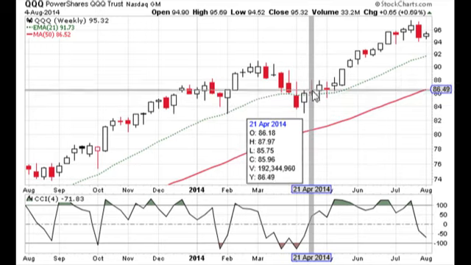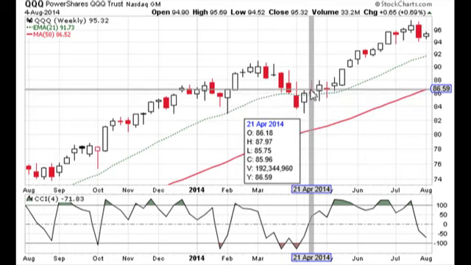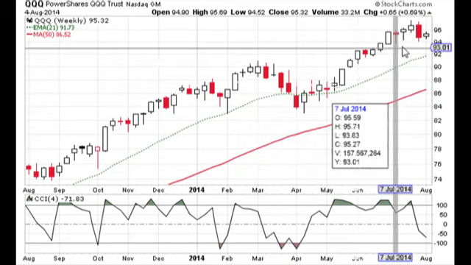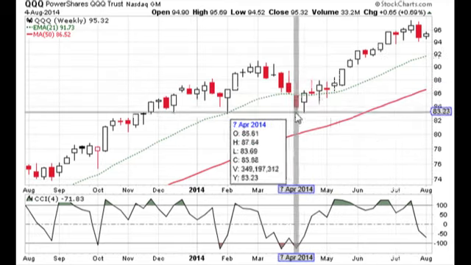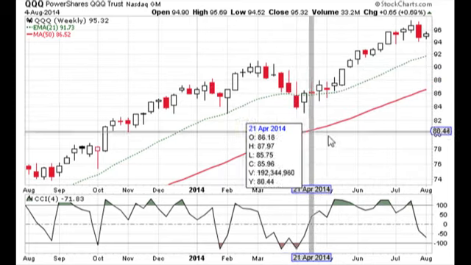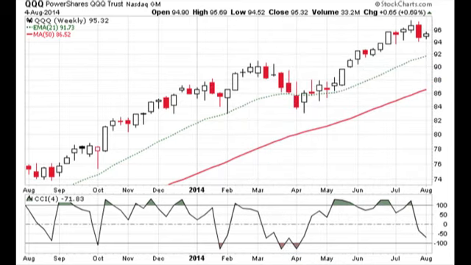So here's your risk, this is where our entry is, and then sure enough, look what happened. This nice move made up for this little fake out. That's what I love about this particular strategy.